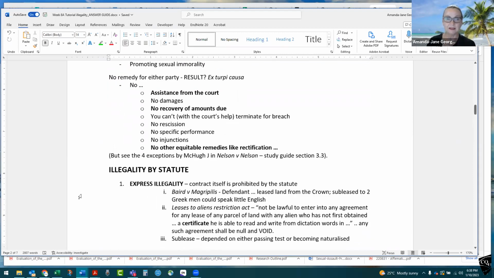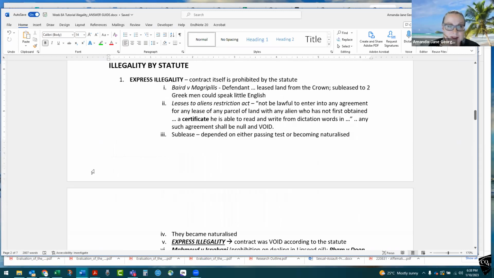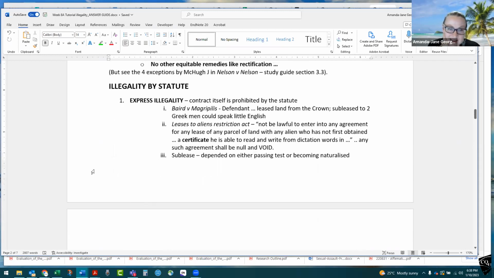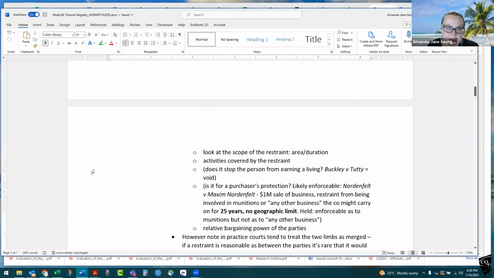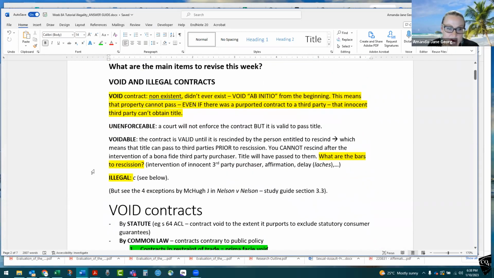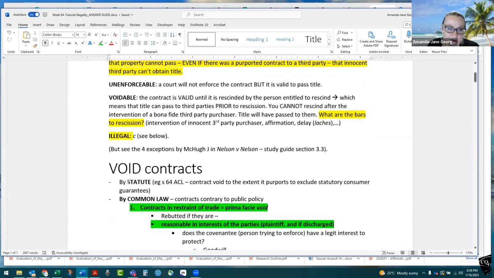Okay, then we've looked at ex turpi causa, illegality by statute. So this is where the express words, remember the first one we had a look at was void contracts by statute. And that's when the statute itself says, don't do X or your contract will be void.